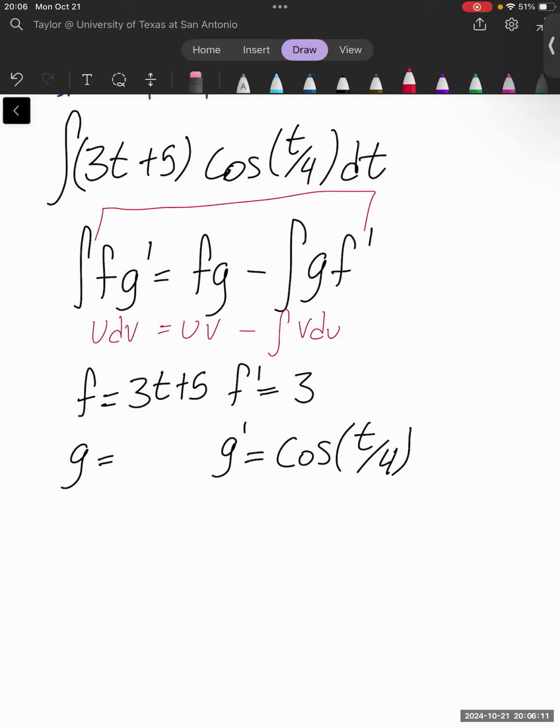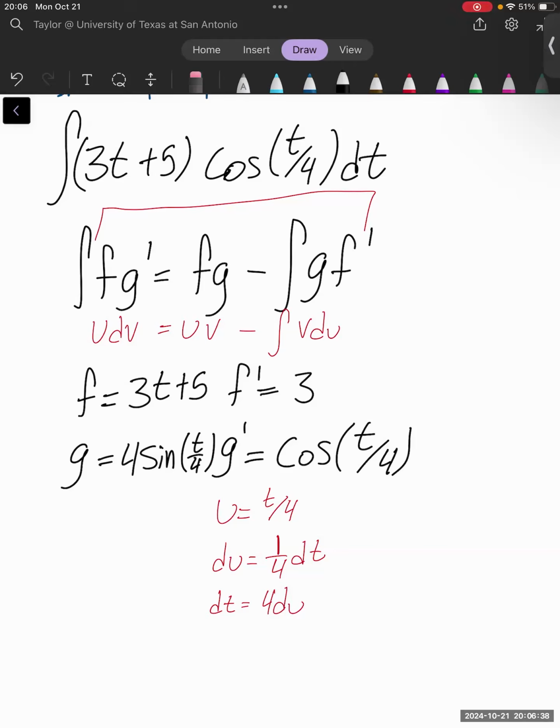Doing a little bit of u sub, u equals t over 4, so du equals 1 over 4 dt, so dt equals 4 du. And so the integral of cosine is 4 sine(t/4).